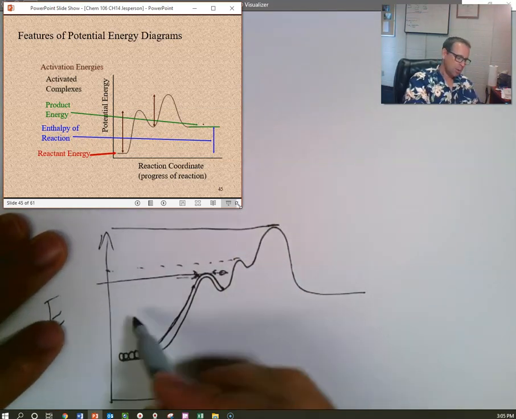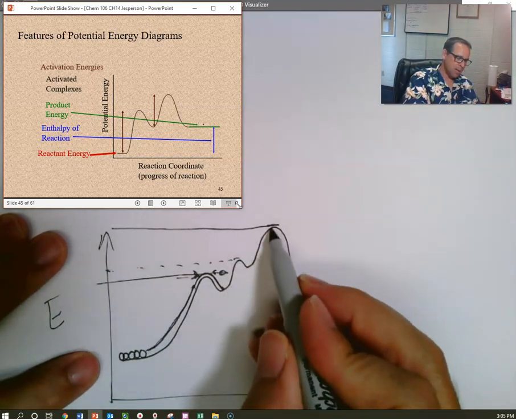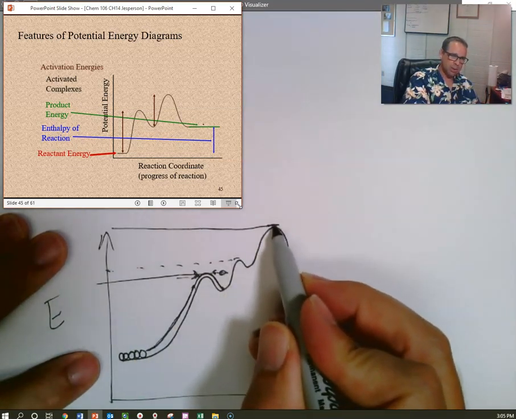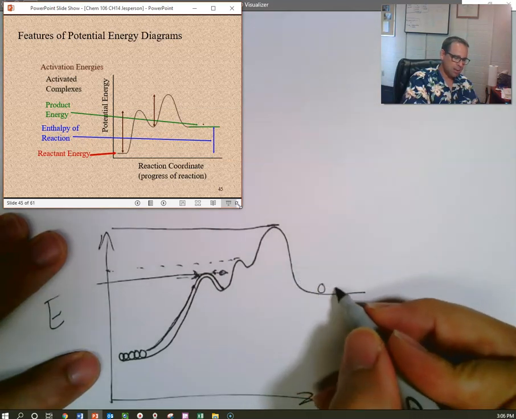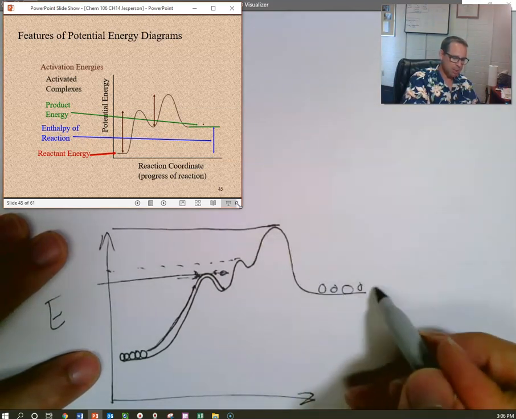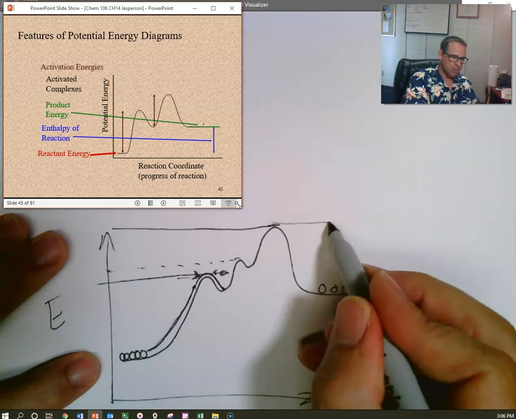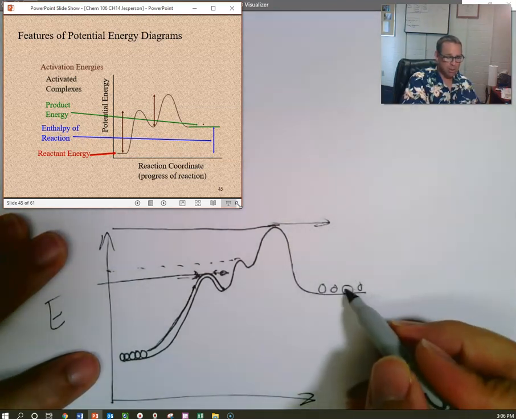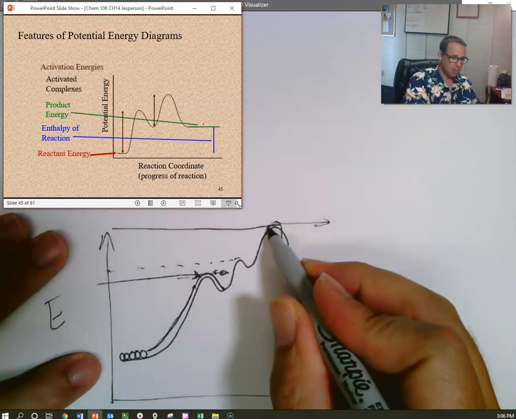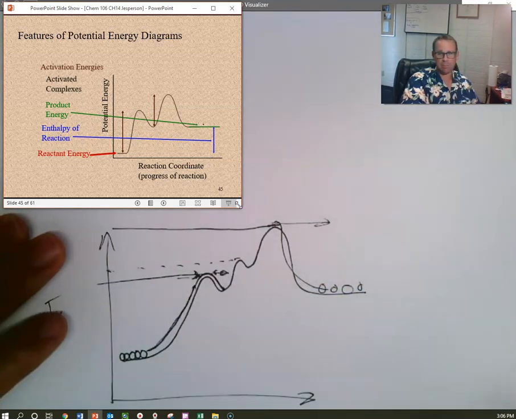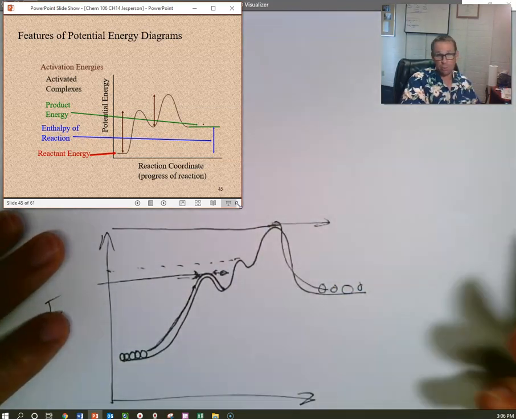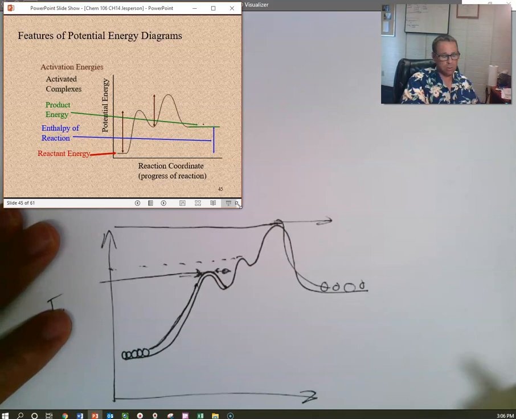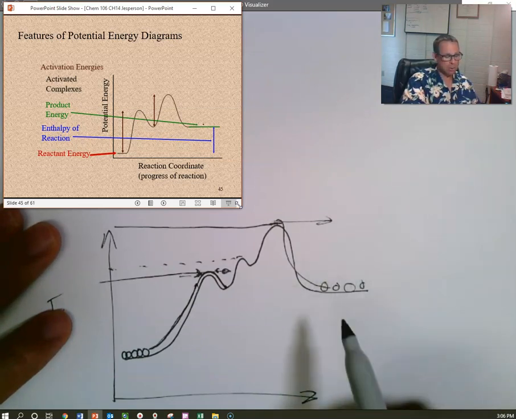All right? But once the energy is high enough that the balls can get over, then we can begin to get some product because some of the material can fall down here. Now I'm supplying this much energy, so it's possible that these reactants may be able to come back and form the products again, right? Depending on the reversibility of the reaction. So we'll talk about that in the next chapter.